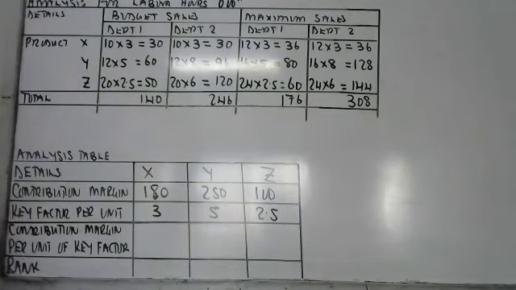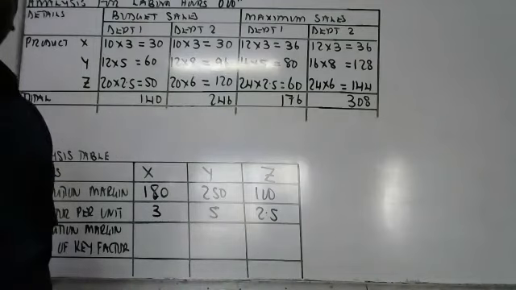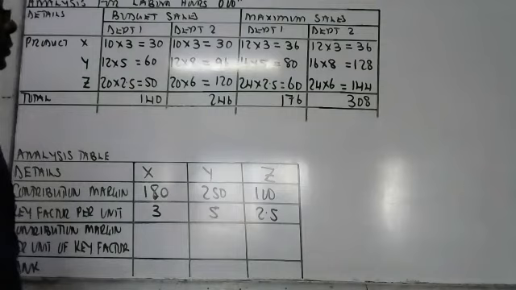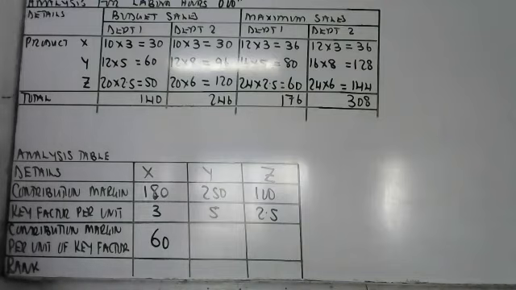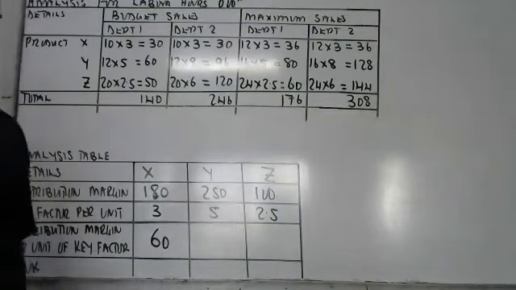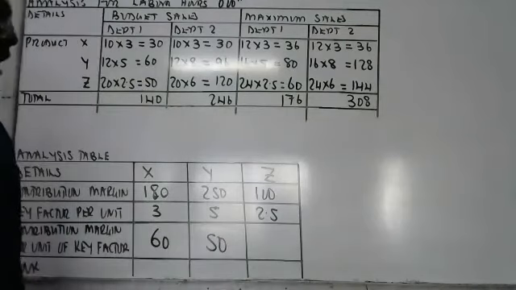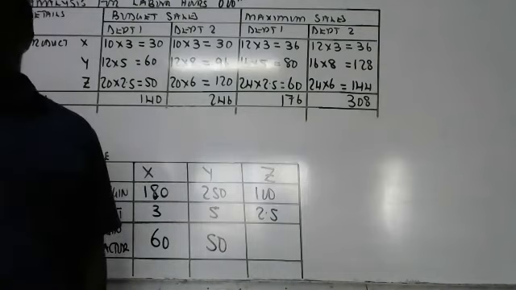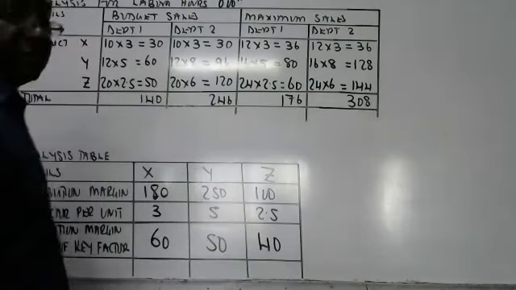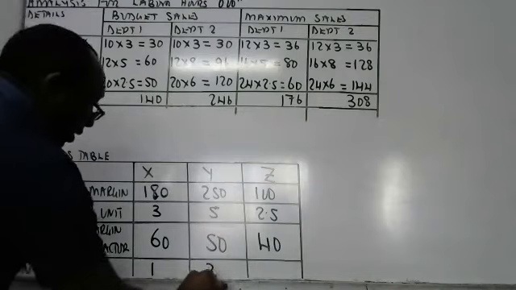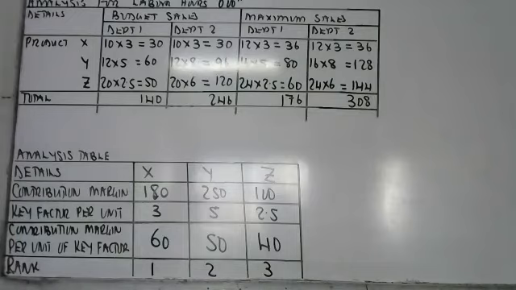So divide 180 by 3, 60. 250 divided by 5, 50. 100 divided by 2.5, 40. So in terms of ranks, this is number 1, this is number 2, and this is number 3.